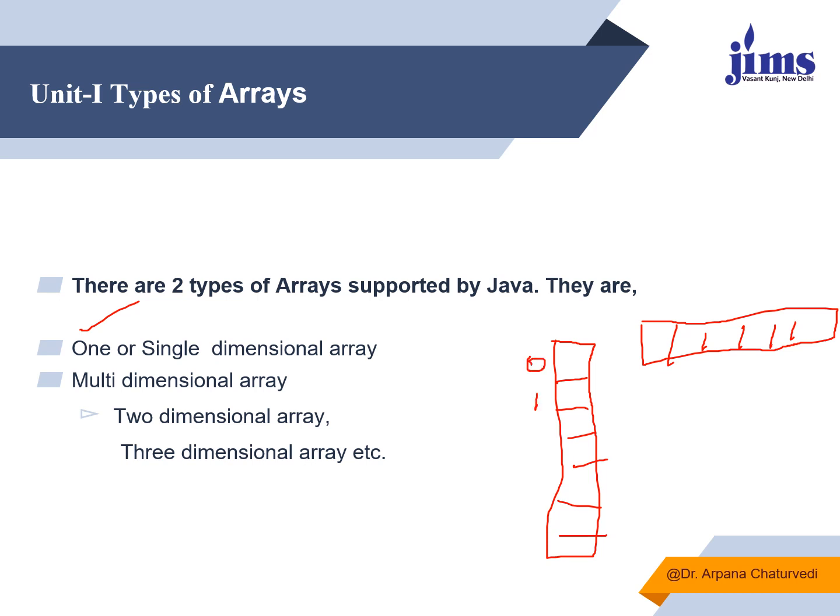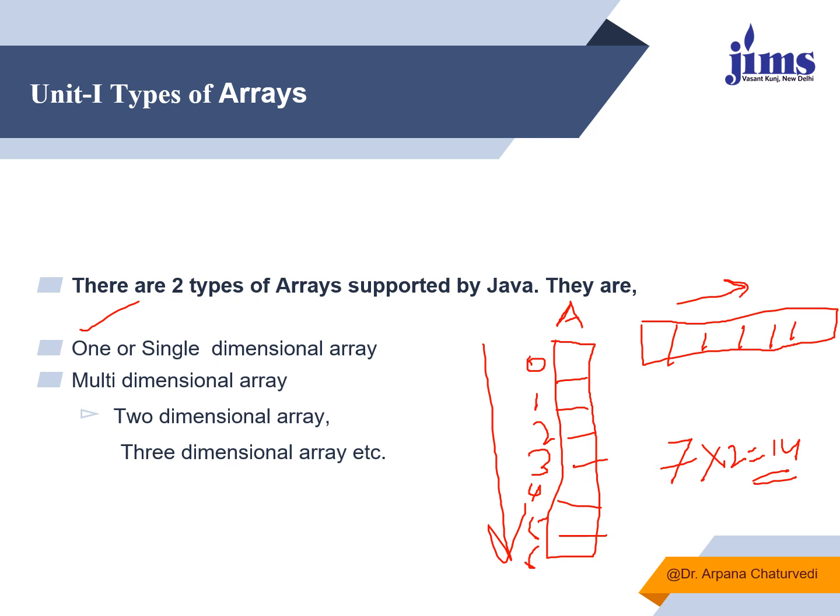If it is an integer array, we know that one integer element stores 2 bytes of data, and if it contains 7 elements, it means a total of 7 into 2, 14 bytes of size. It will be stored in a contiguous manner in the memory. And as only one dimension is there, we can represent it either column wise or row wise. This is known as a one dimensional array.